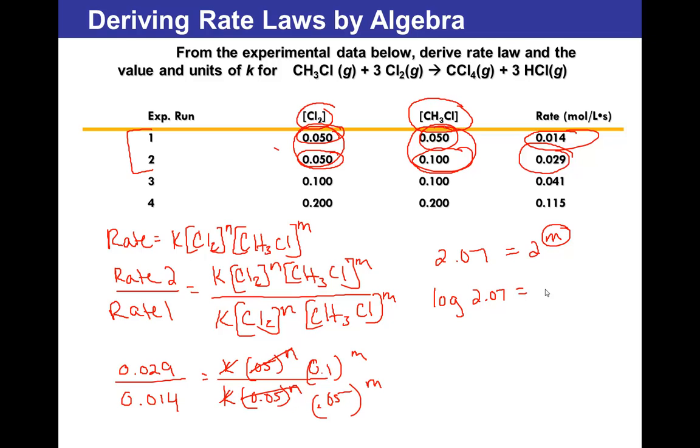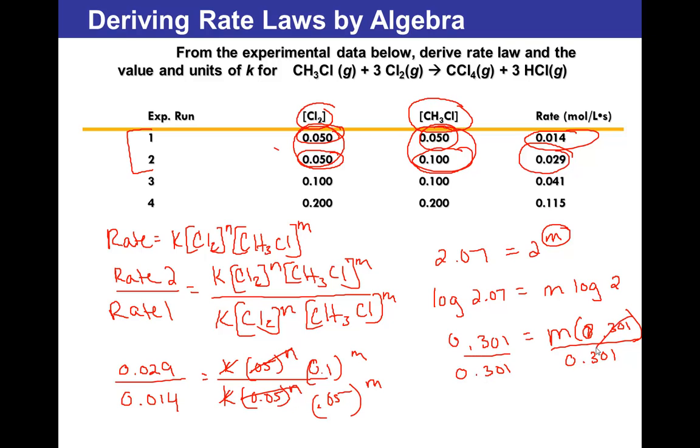That's just a mathematical relationship. So that comes out to be 0.301 times M times 0.301. Divide both sides. So M is equal to 1.